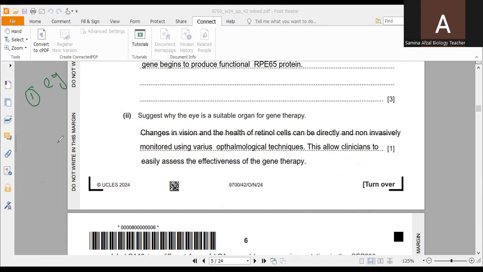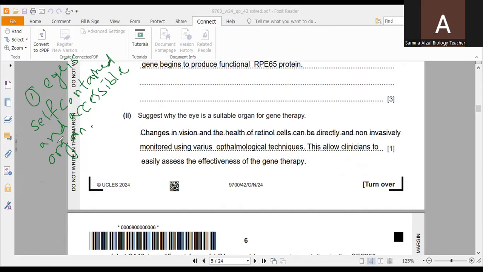The eye is, first of all, a self-contained and accessible organ. So it can be easily reached for direct injection of gene therapy vectors, such as subretinal injections for retinal diseases.